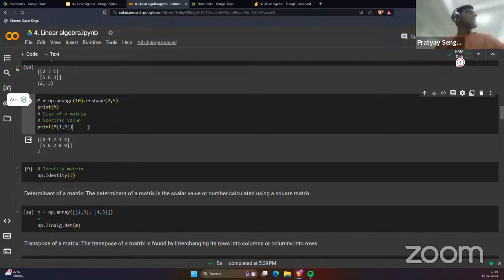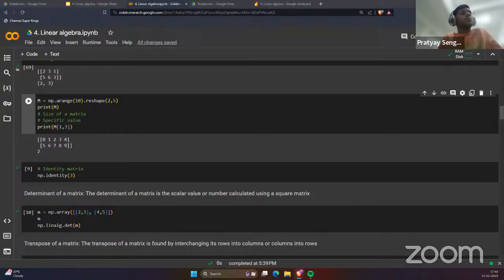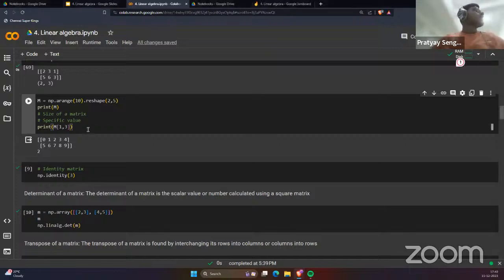Any idea what the 1 3 will be? Any idea what will be 1 3? 1 is your 0 1 number row, is this one. 3 is 0 1 2 3. So 8 has to be the answer. So you are getting 8.